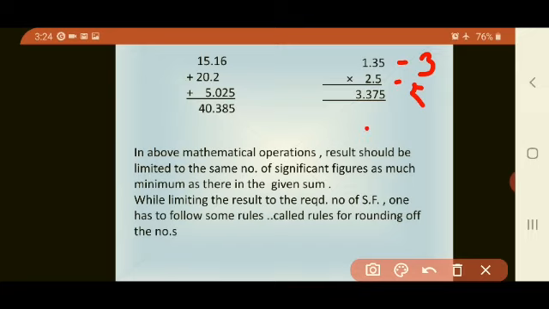Now we have to write the answer with the minimum significant figures present in the given problem. So we must cancel some digits which are not required in this answer, and that is called rounding of the numbers.